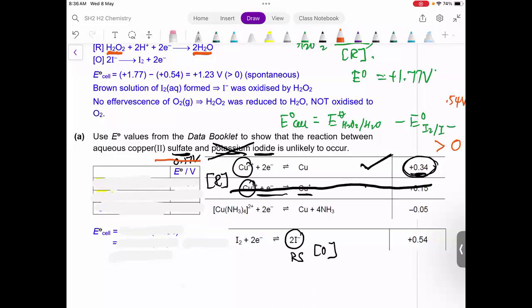We consider water. Reduction of water is negative, not positive. Oxidation of water is also negative, negative 1.23. So you only consider participation of water when you consider electrolysis.